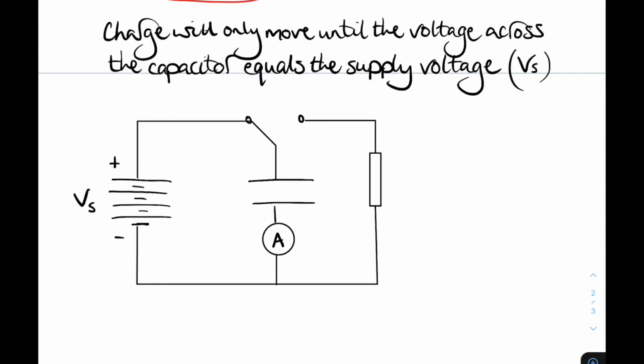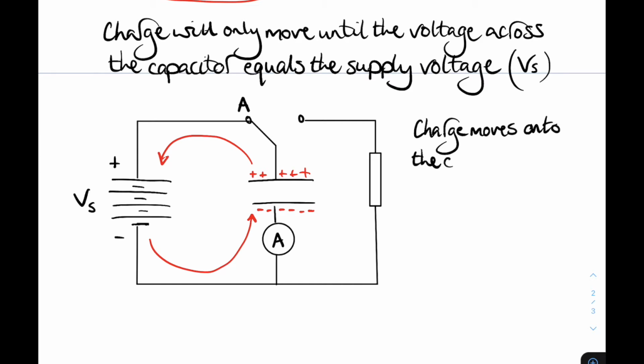Now, I've drawn this little circuit here, which has got a two-way switch in it. We can move the switch to position A, and the capacitor will charge up, and electrons will move in the direction shown by those red arrows there. Remember, no charge crosses the capacitor between the plates, so electrons are pushed from the negative terminal of the supply onto the bottom plate of the capacitor.